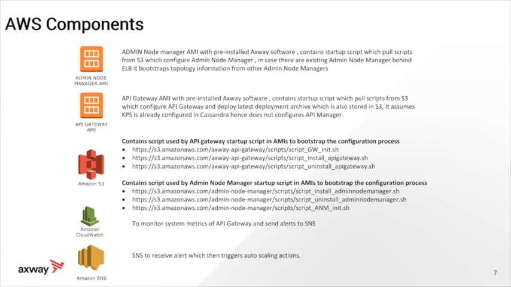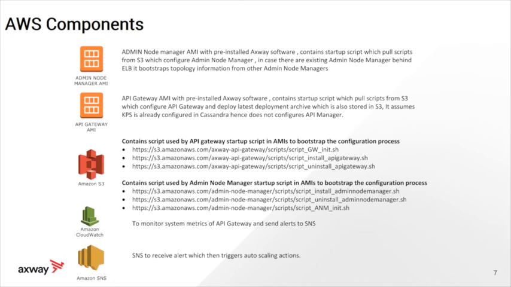So let's quickly talk about the AWS components we're going to use for this demo. The first one is AWS AMIs. We're going to create a few AMIs. AMI stands for Amazon Machine Image. We're going to use AMIs which will be pre-baked with certain scripts and with the software installed but not configured, and we're going to use those AMIs for creating the servers.